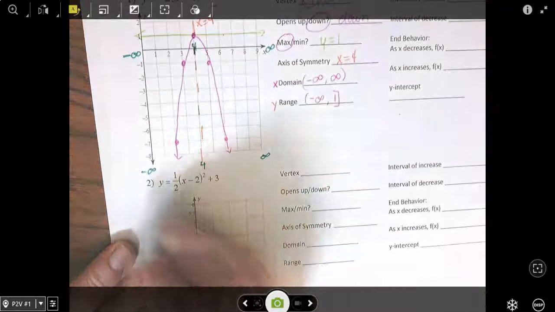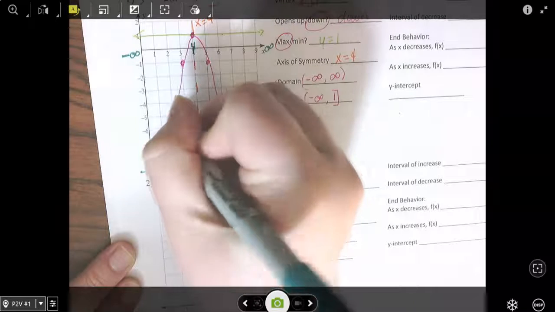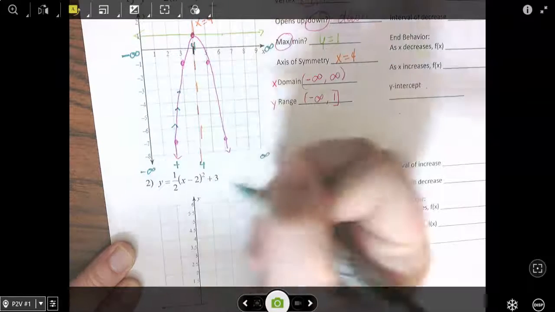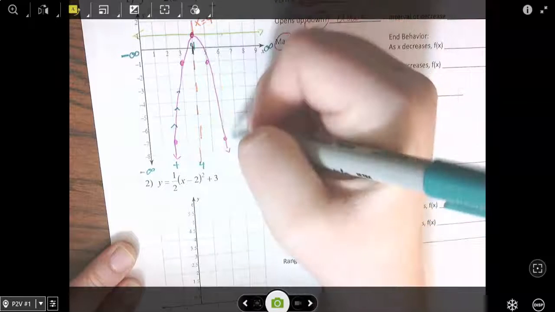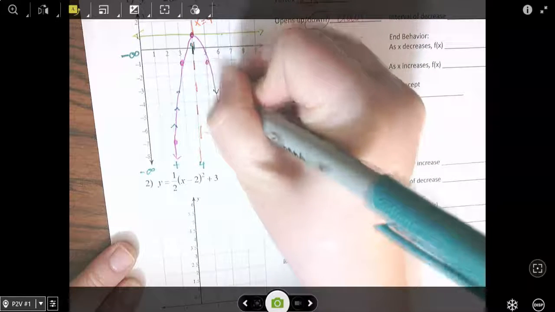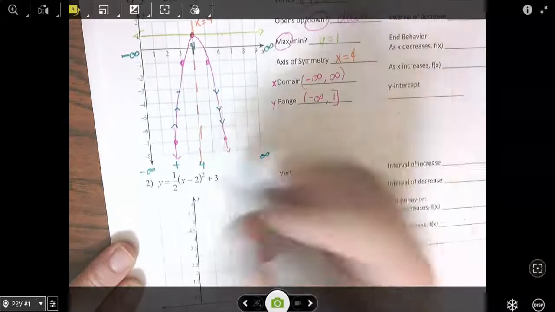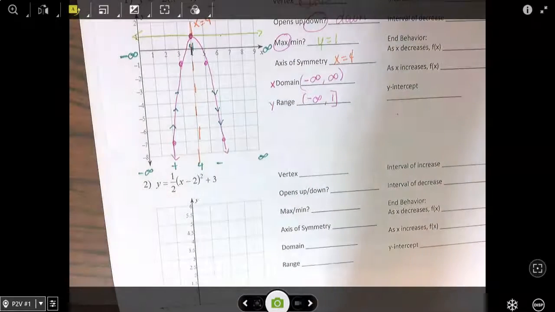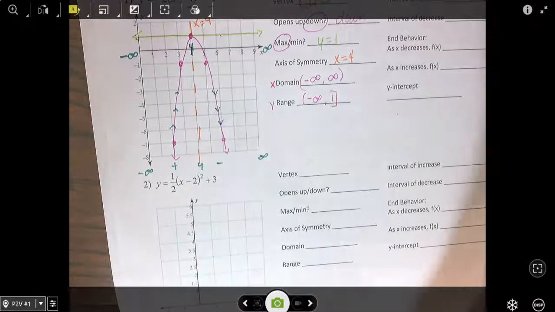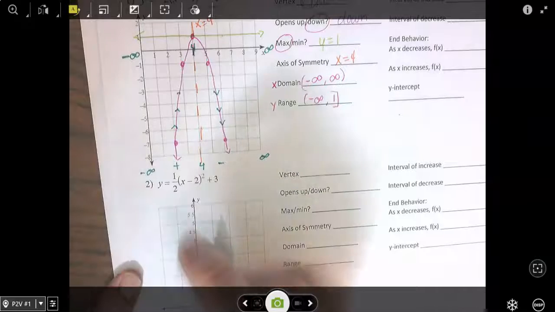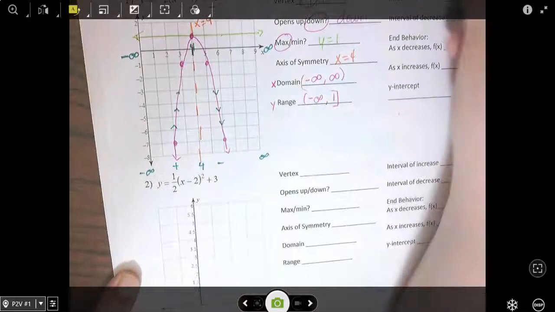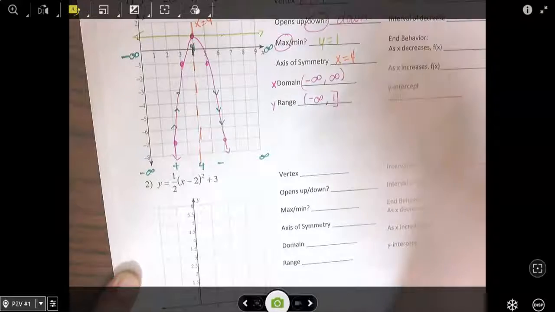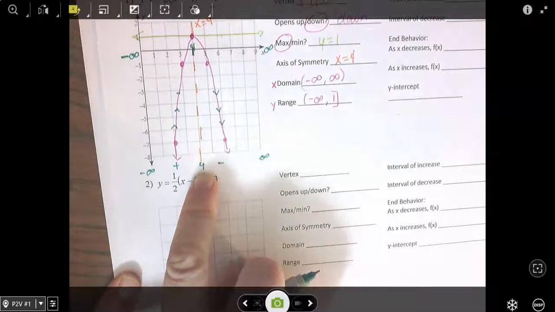From -infinity to 4, it looks like the graph is going up, right? I'm going to put a plus sign. From 4 to infinity, the graph is going down. I'm going to put a minus sign. So the interval of increase is from -infinity to 4. The interval of decrease is from 4 to infinity.